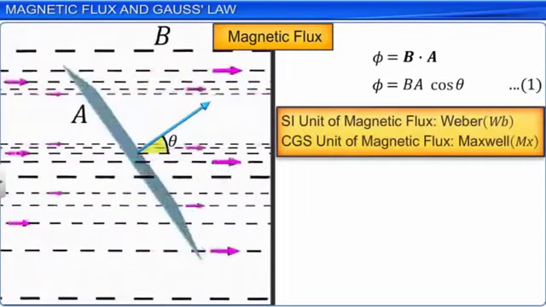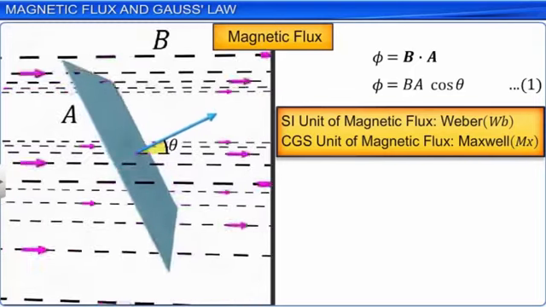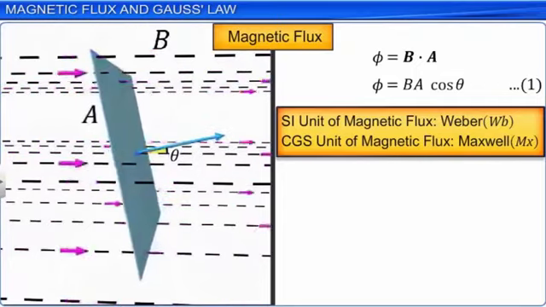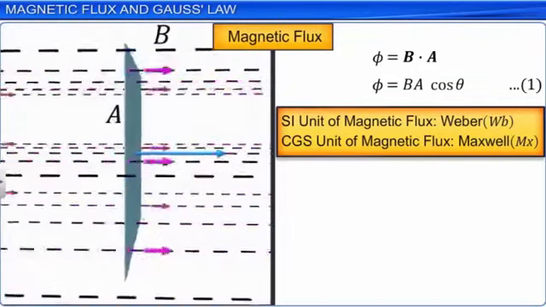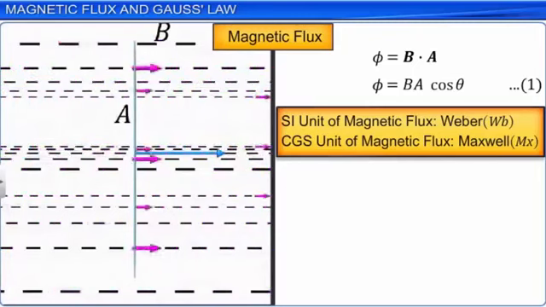The SI unit of magnetic flux is Weber, and its CGS unit is Maxwell. Maximum magnetic flux passes through a given area when the area vector and the magnetic field are in the same direction.